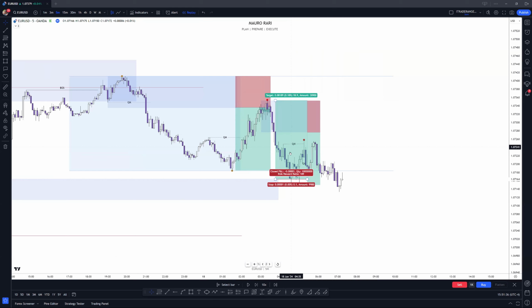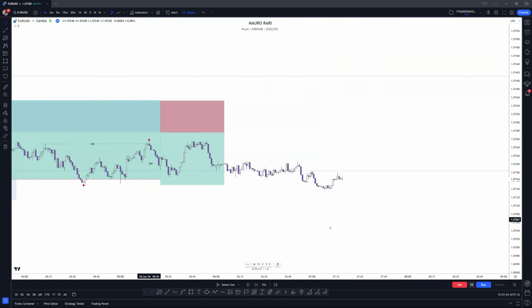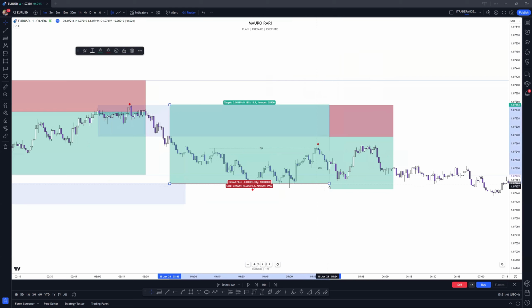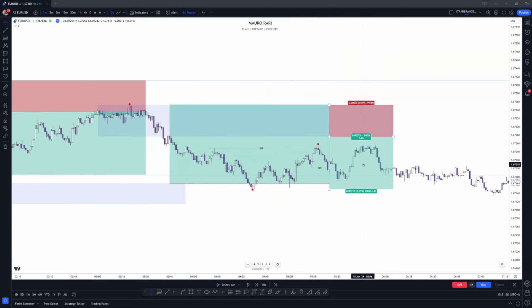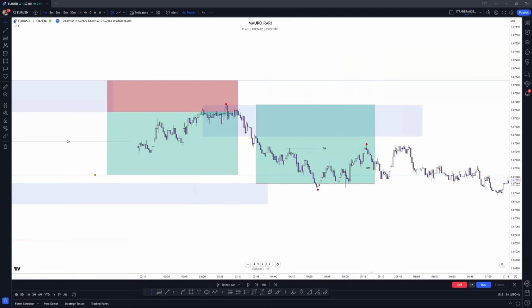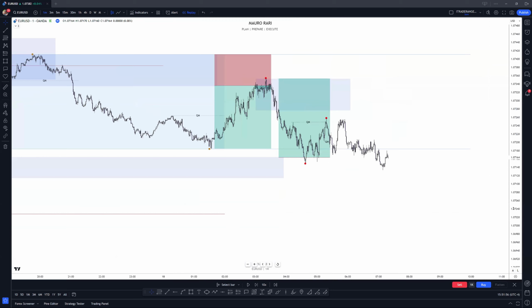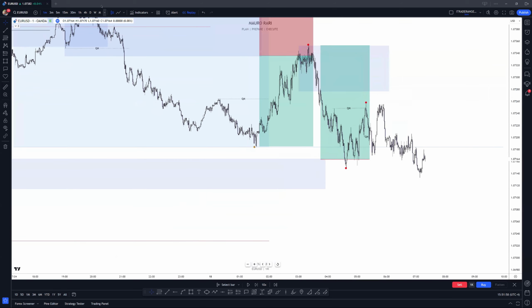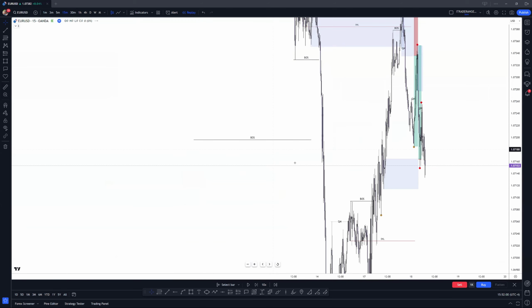Okay, so we have this trade that either was a break even or manually close it. This one was a missed trade. Okay, so now we have to reassess. So we go back to 15 minutes.